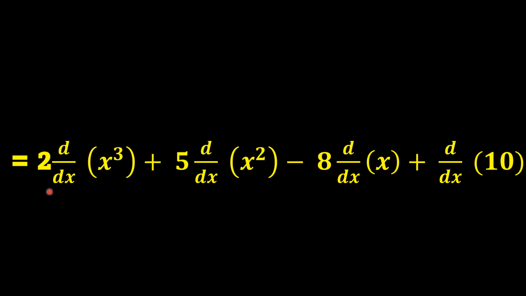Then, this is now the detailed process. So 2 times the derivative of x cubed plus 5 times the derivative of x squared minus 8 times the derivative of x plus the derivative of 10. For the constant, the derivative of a constant is already 0. So later on, as you are familiarizing yourselves with how to differentiate functions, you may no longer need to always write the 0.